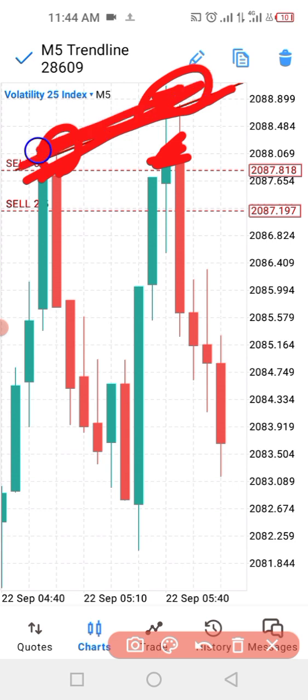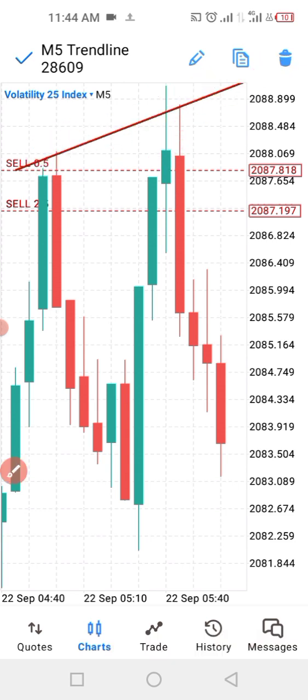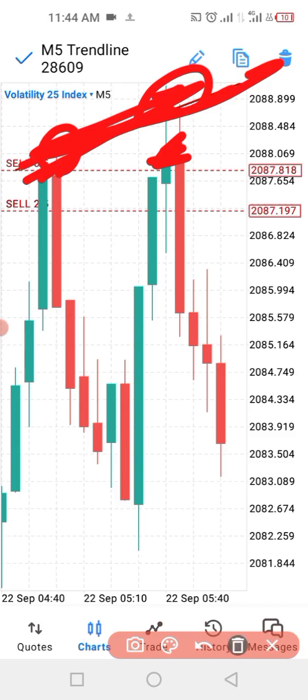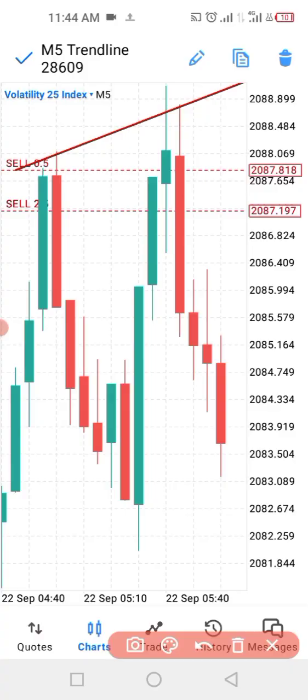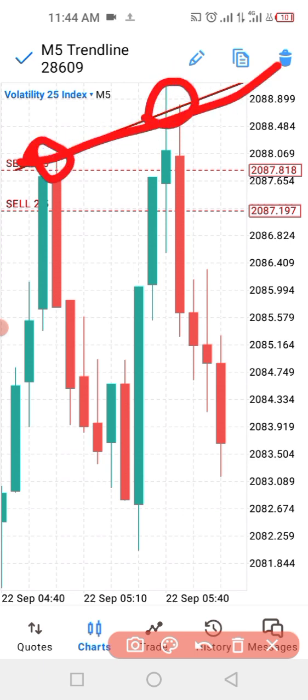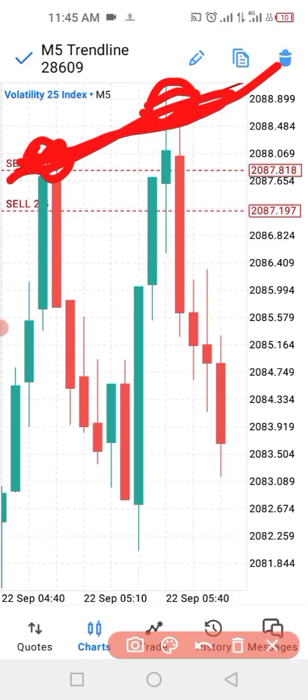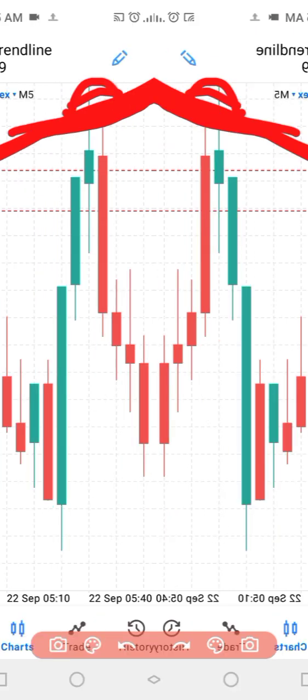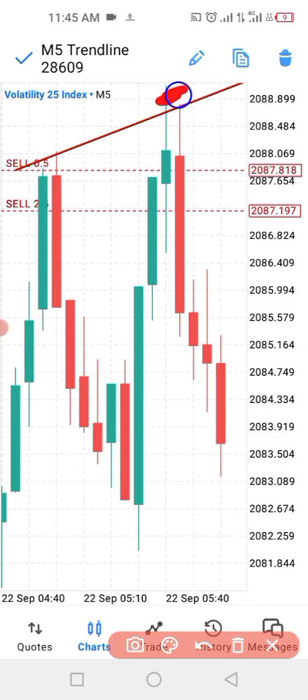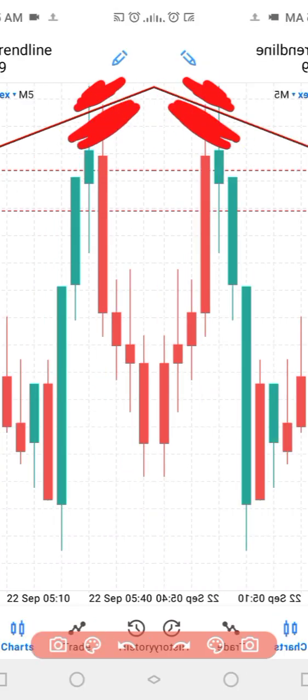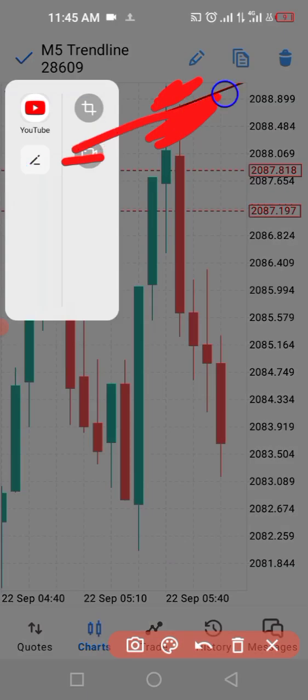Since it represents my resistance, and I'm not seeing my resistance as a single line, I'm seeing my resistance as a zone. When I say a zone, I mean an area, so not just this single line. So if it is an area, I have to keep the single line probably in between the area that I think is my resistance. So up here is still my resistance zone, down here is still my resistance zone. So this line I just have to place it here.